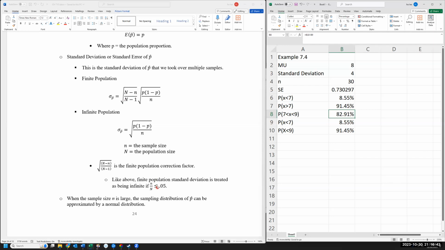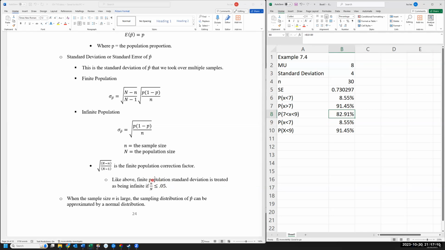But you really only need this under certain conditions. Specifically, the finite population standard deviation is treated as being infinite if little n, the sample size, divided by the population size, is less than or equal to 5%.